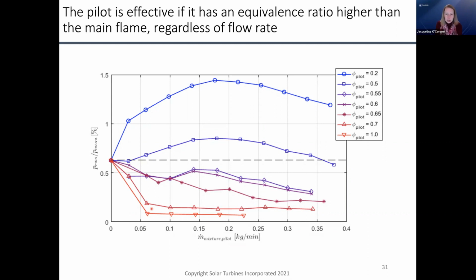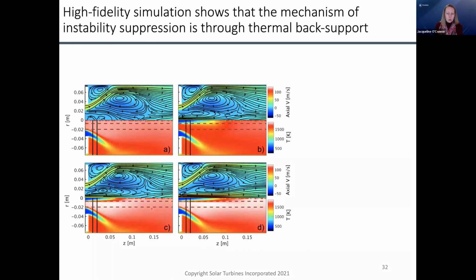Because what this experimental result suggests is that the efficacy comes from the equivalence ratio, not from the flow rate. So we partnered with my colleague, Yuan Chuan, who does high fidelity simulation, and Michael Akiki, who is one of the engineers at Solar Turbines, who's really in charge of their LES efforts.